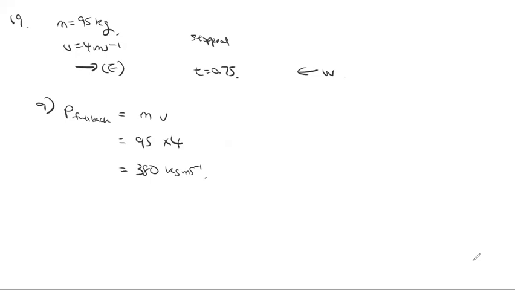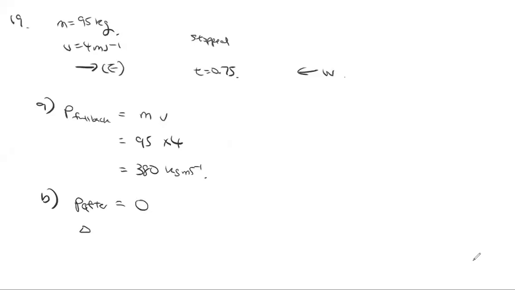Now B, because he had this momentum, but later he stopped, right? So what's the momentum after? Remember, he stopped. Okay, so should be 0. Right.